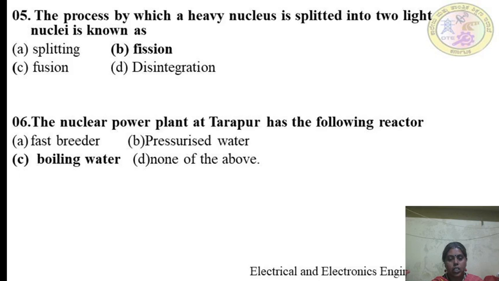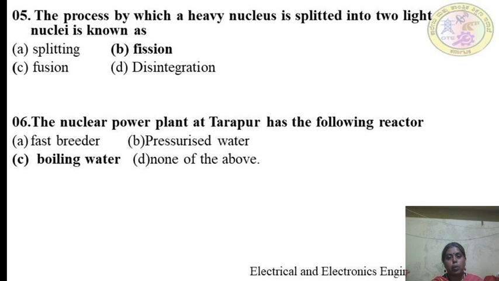Next, sixth. The nuclear power plant at Tarapur has the following reactor: A. fast breeder, B. pressurized water, C. boiling water, D. none of the above.